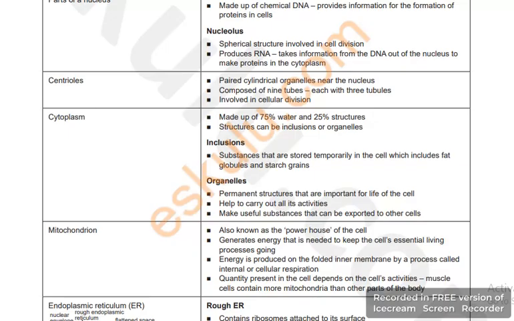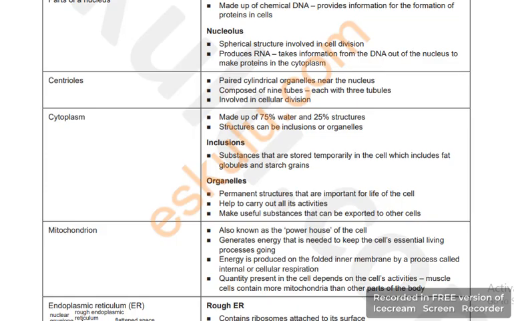They are made up of 75% water and 25% structures. The structures which form cytoplasm are in two categories: the inclusions as well as the organelles.